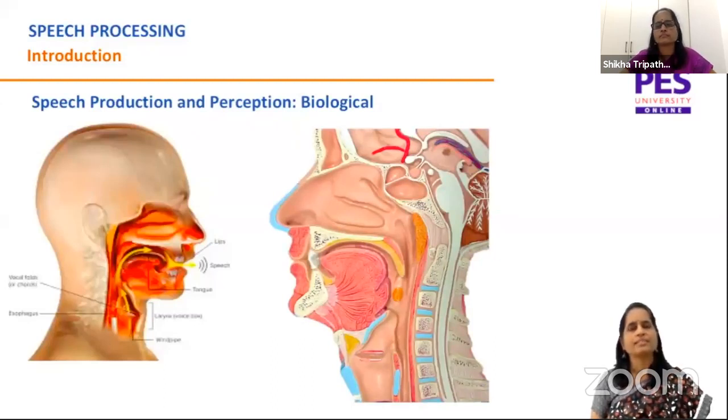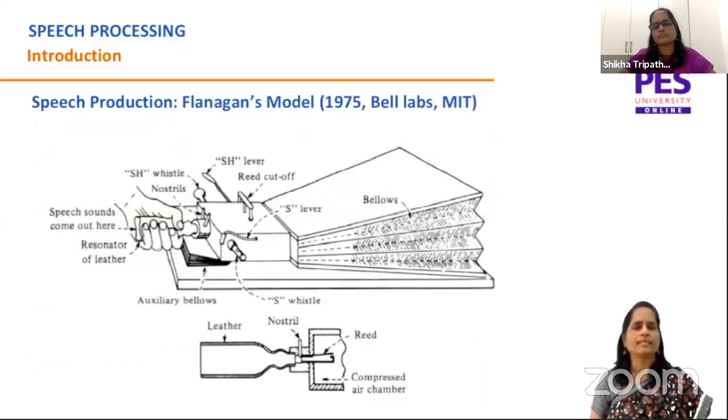The medical community has given us information to understand what exactly goes on inside us when we talk or listen. It was comprehended by the scientific community, understood properly, and then they tried to mimic whatever happens naturally within us when we talk and hear. Taking a clue from that, Flanagan in 1975 with his team at Bell Labs developed a mechanical system which could mimic the way we talk.